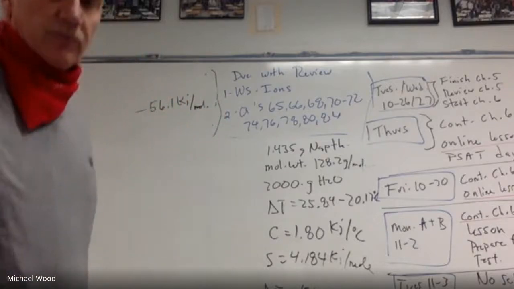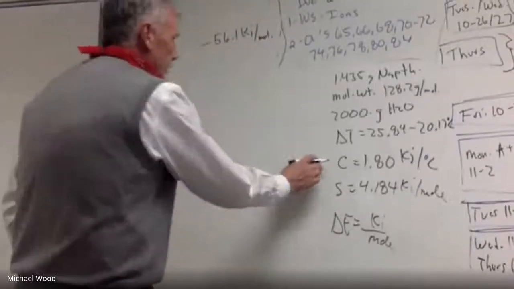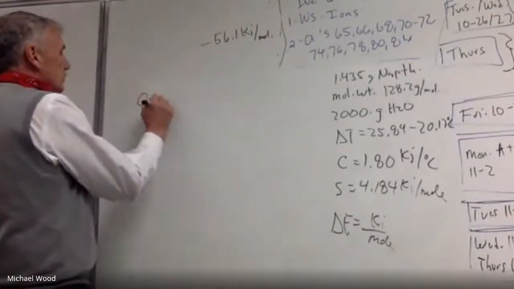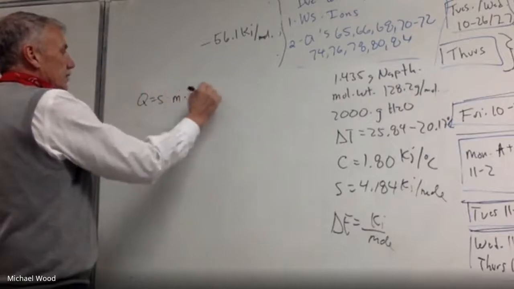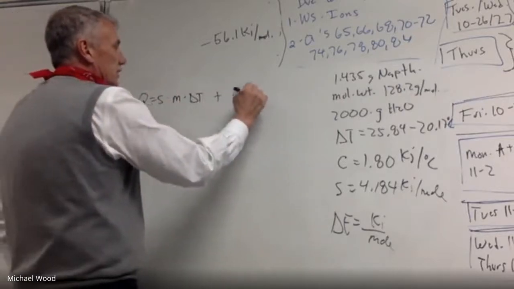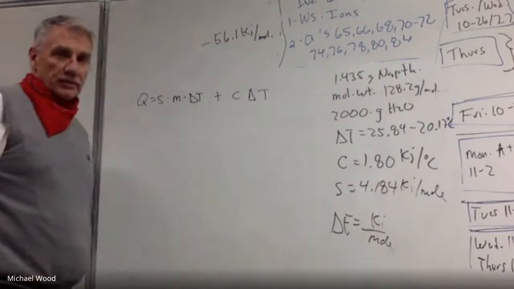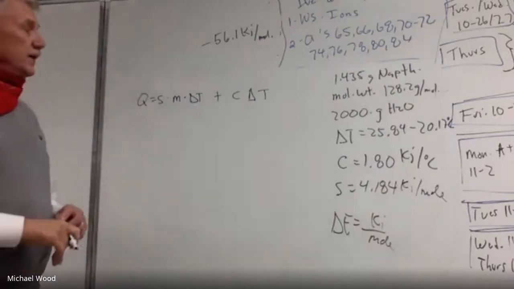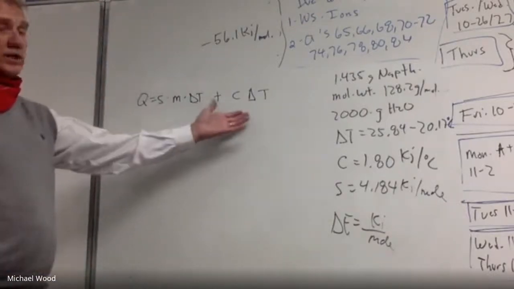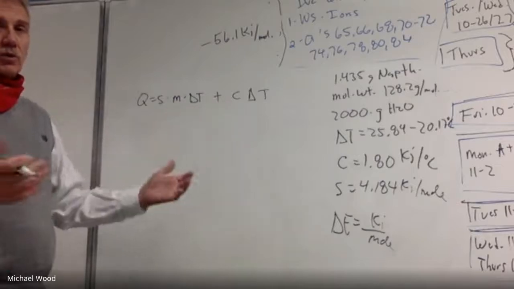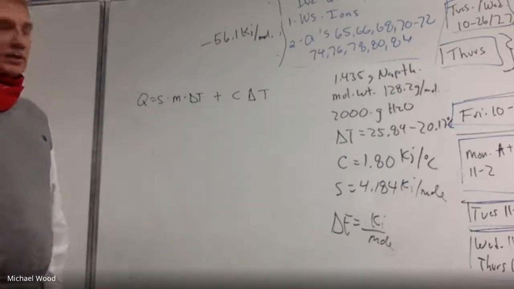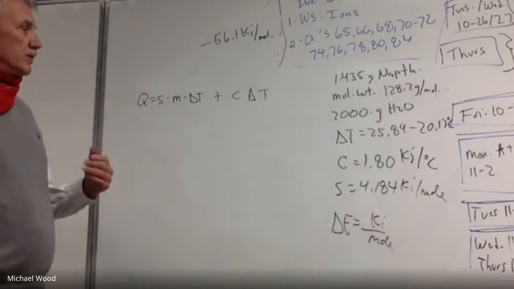If this is all the information I'm given, because I've got heat capacity, I'm going to do Q equals SMAT, but if we're given heat capacity, I do SMAT plus CAT. On the previous problem, we weren't given the heat capacity, so we just ignored the heat gained by the calorimeter. But in this case, they've given us this.